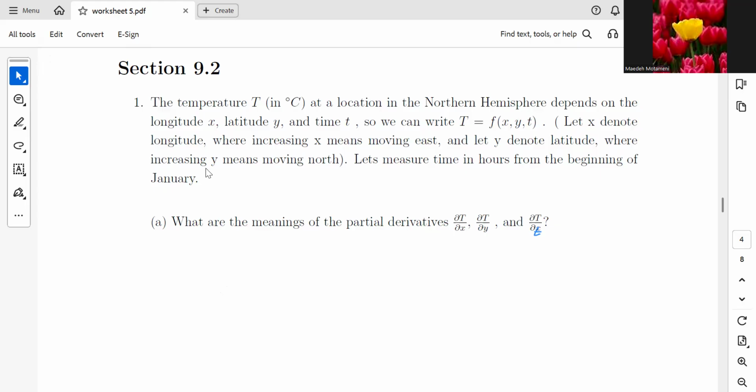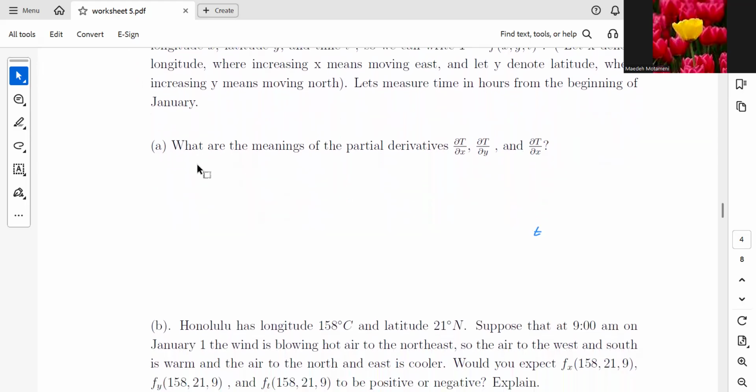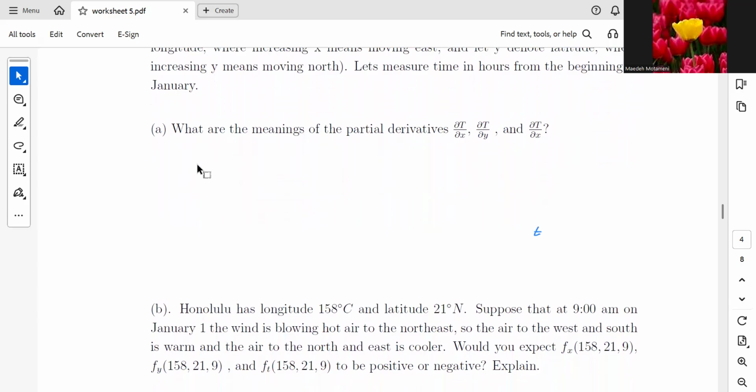Part B of the same question, it says that Honolulu has longitude 158 degrees Celsius and latitude 21 degrees north.